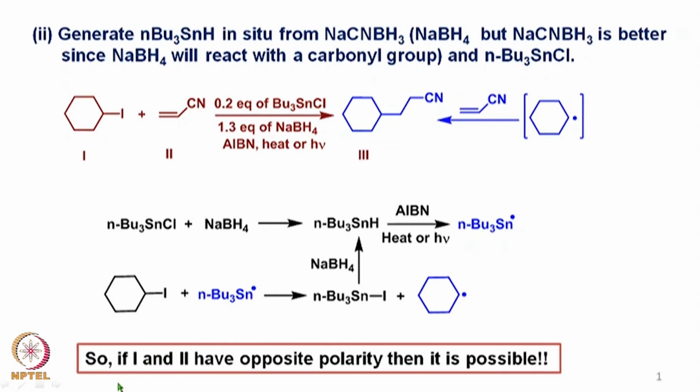Now in addition, if we have 1 and 2 having opposite polarity, then it is possible that the reaction will be facile because they complement each other in terms of electronics.